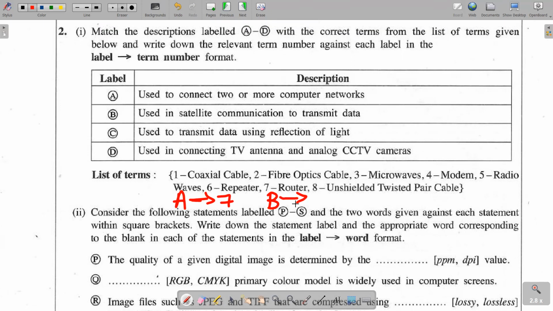For satellite communication, we are using microwaves in C. Used to transmit data using reflection of light. The reflection of light is used inside the fiber optics, so it's 2. And D, used in connecting TV antennas and analog CCTV cameras, that is the coaxial, number 1.